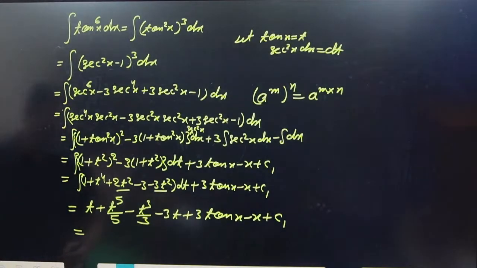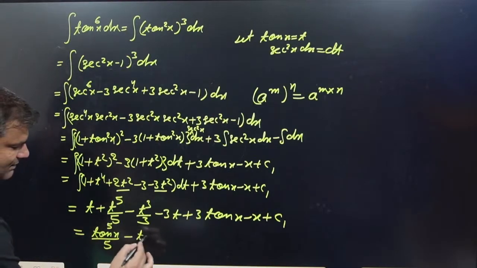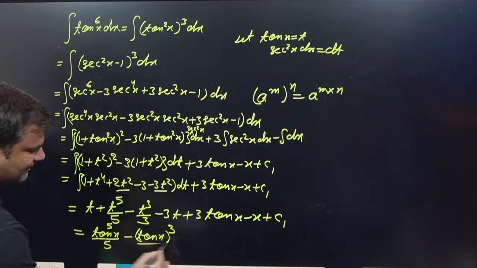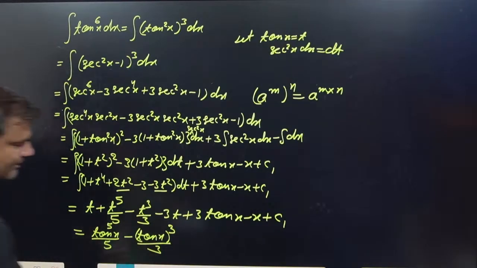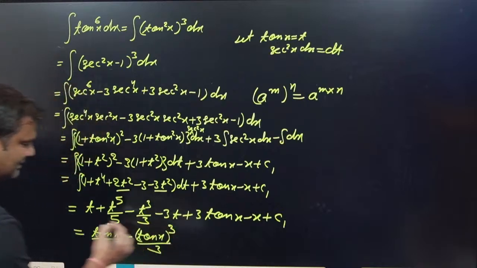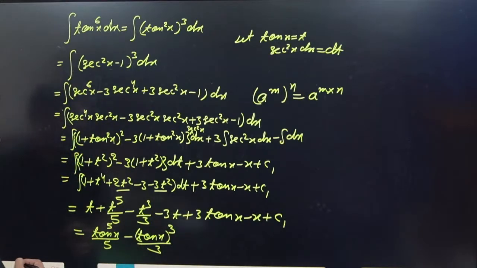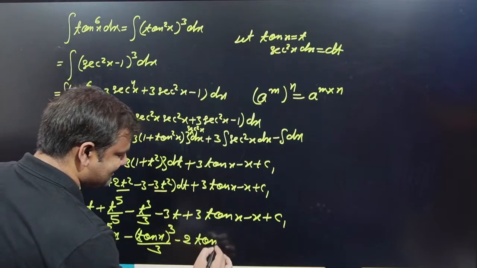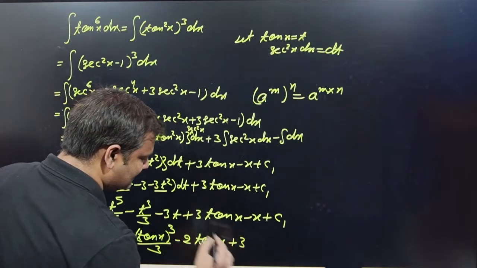If t is replaced by tan x, then this one is tan x to the power 5 divided by 5, and this one is tan x to the whole cube by 3. Okay, and minus 3t and plus t, that is how much? Minus 2t. So minus 2 tan x plus 3 tan x also.